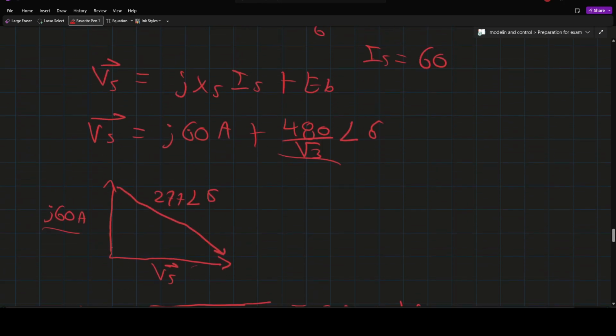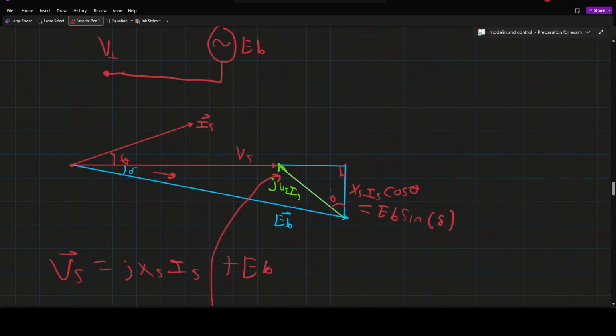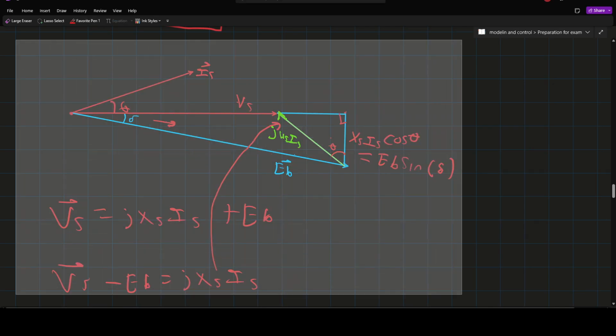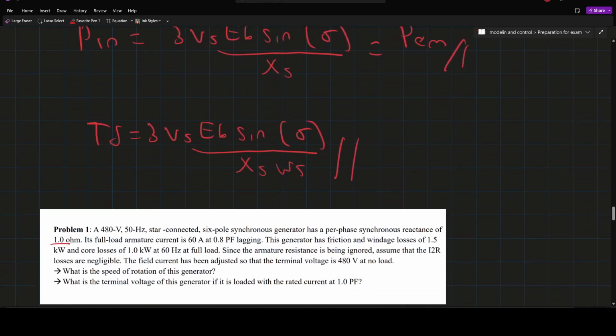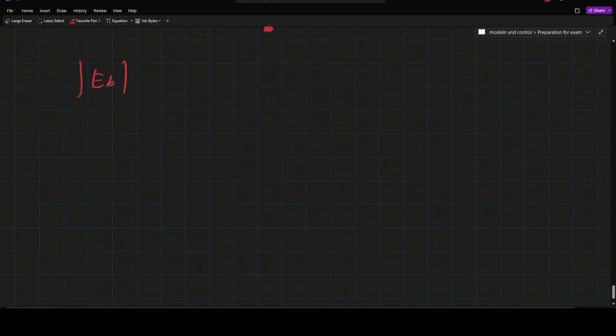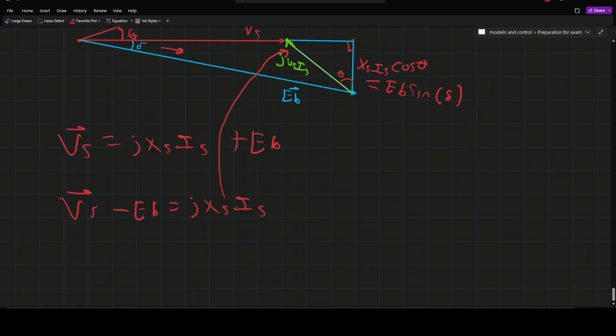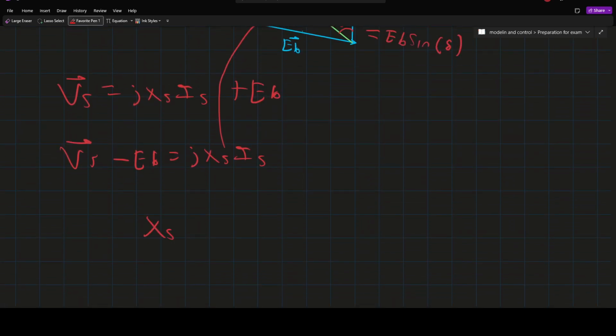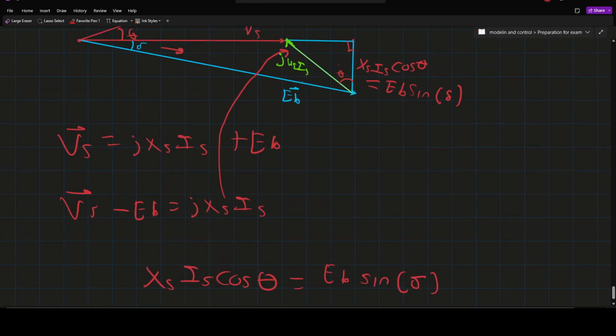Now, from the phasor that we drew when we were figuring out the values, we can see that XS IS cos theta is equal to EV sine of psi. So here is what we figured out, that these two were equal.